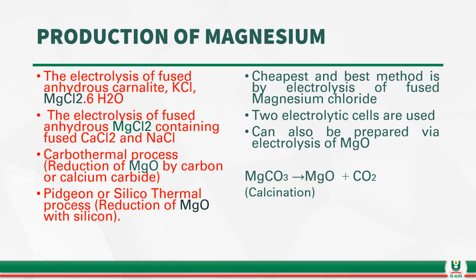But we'll be talking about fused magnesium chloride. How do we get the fused magnesium chloride? It's by evaporating sea brine. If the brine or seawater is rich in magnesium chloride, the brine will be concentrated by evaporating in several stages to get magnesium chloride.